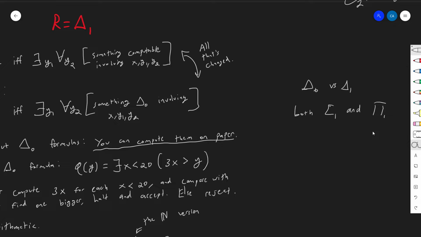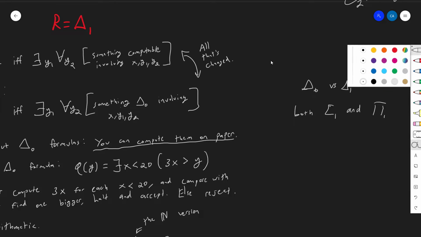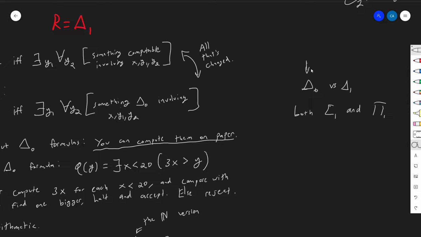But note the defining feature of that versus delta 0: even though I know it will end, I don't know when it will end. So here's the big difference. Delta 0 represents the primitive computable problems. Primitive computable, you should take as meaning, I know when it will end.